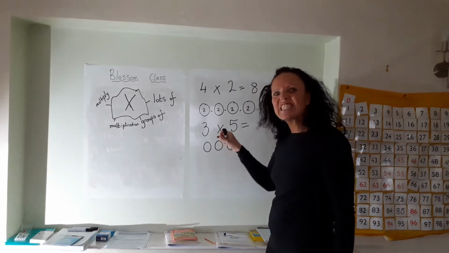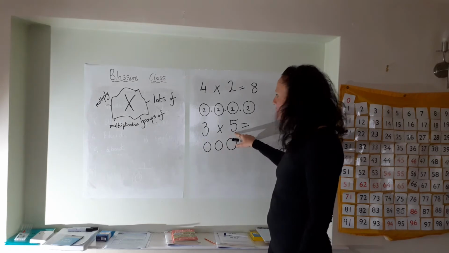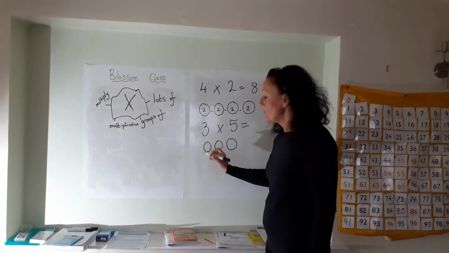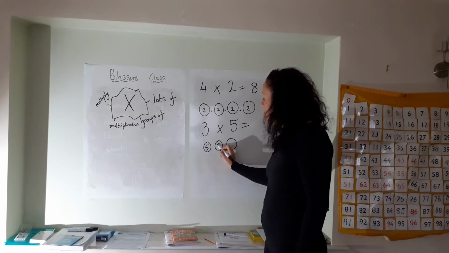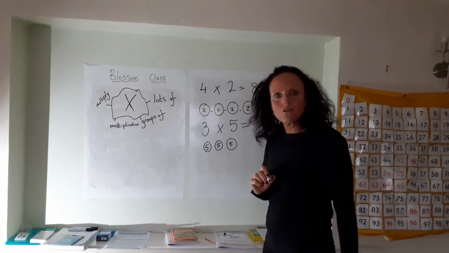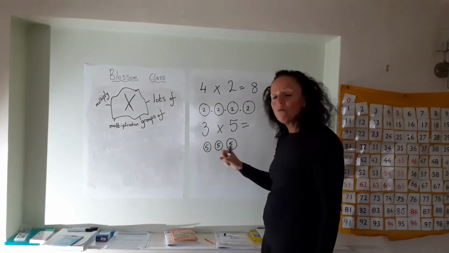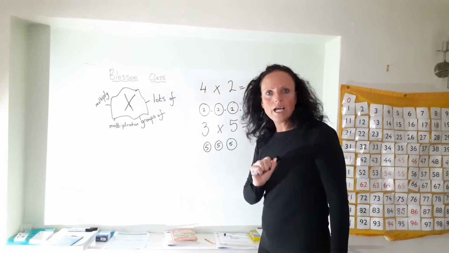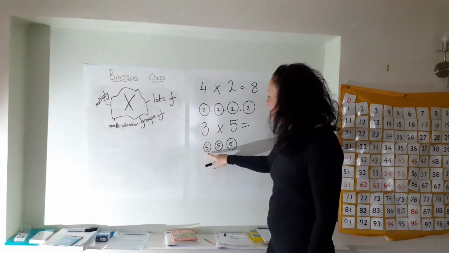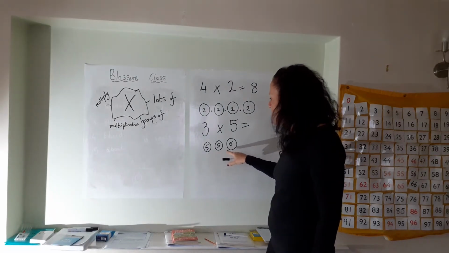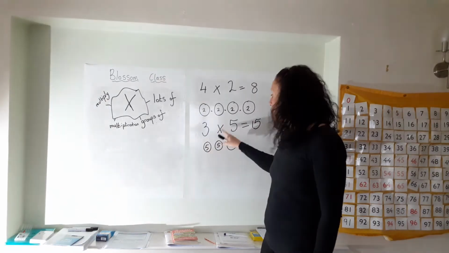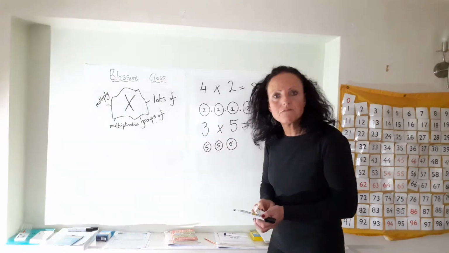How many is inside each group? 5. So you could, like I said, draw 5 little circles or 5 something inside, but let's make it easy for ourselves, okay? So what can we do? Yes, we can count in 5s. 5, 10, 15. So 3 groups of 5 makes 15.